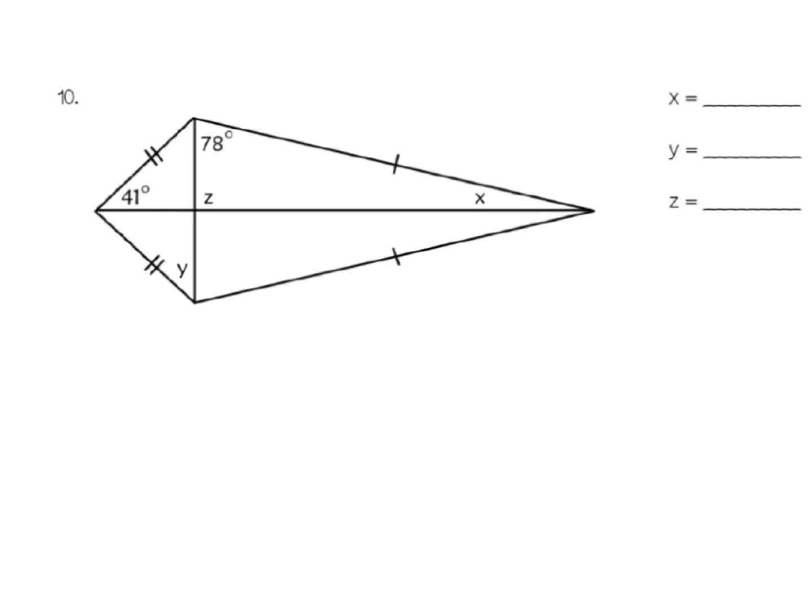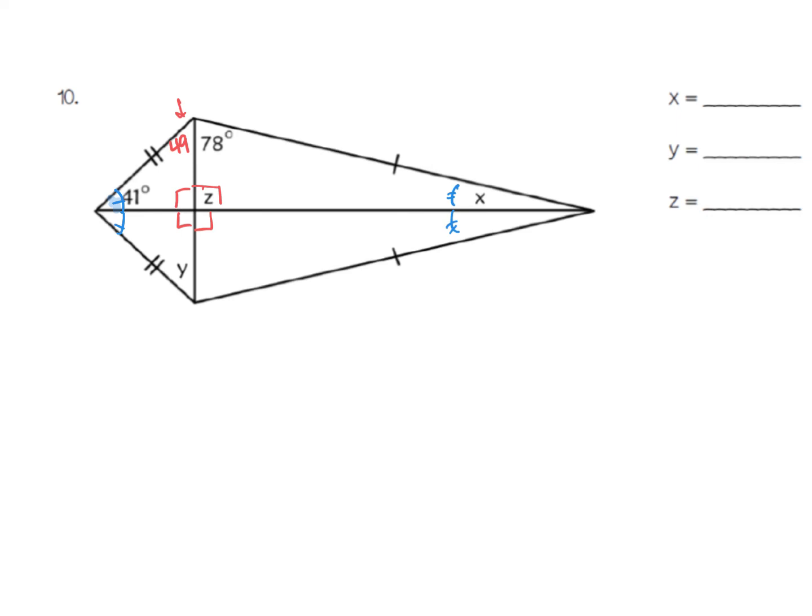Okay, we have a kite again here. First of all, you need to remember that the diagonals are perpendicular, so we have right angles there. If we know all of those are right angles, we can solve for this angle right here. So 180 minus 90 minus 41 is going to give me 49. The other thing I want you to remember is that the diagonal bisects the vertex angles, right?